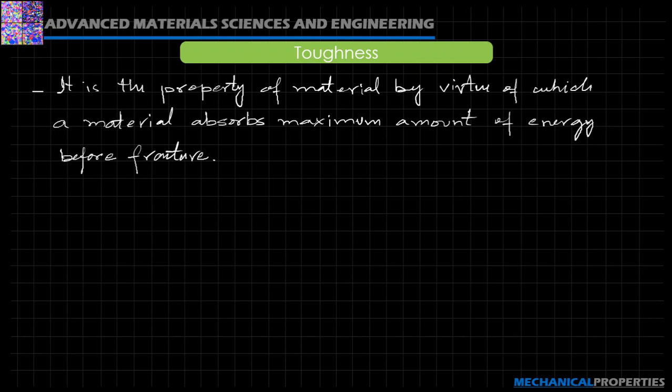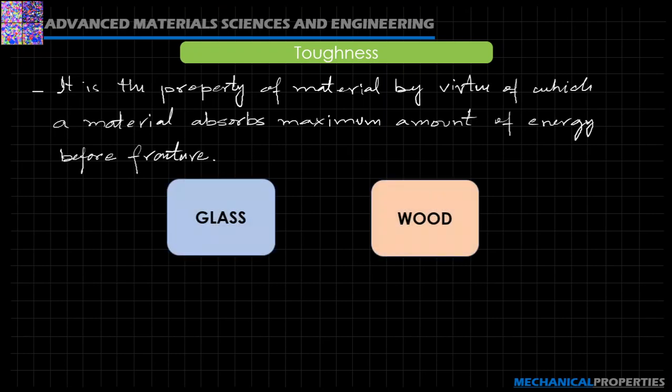Let's say we take two identical plates, one is made up of glass and the other is made up of wood, and if we throw a stone on both the plates with same force and velocity, so means with the same kinetic energy, that is kinetic energy half mv square.